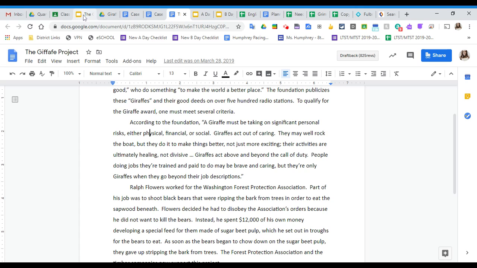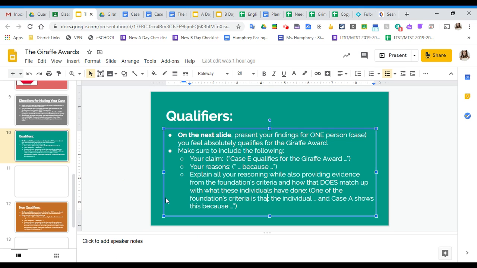So let's go back to our giraffe award slides. Let's say, for example, I'm just using this as an example, that case E is a doctor at Mercy Hospital and is helping our community in Bentonville as people come in with the coronavirus, with COVID-19.